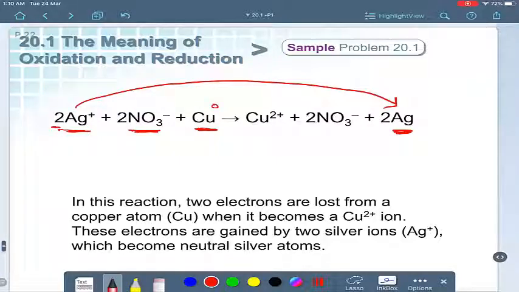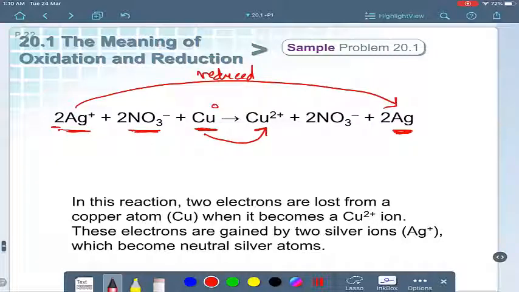Okay, it gains electrons. What does it mean? If it gains electrons, is it oxidized or reduced? It gains, which means reduced. What happens to copper? It was 0 and changes into a +2 ion, because Cu(NO3)2 means copper +2.